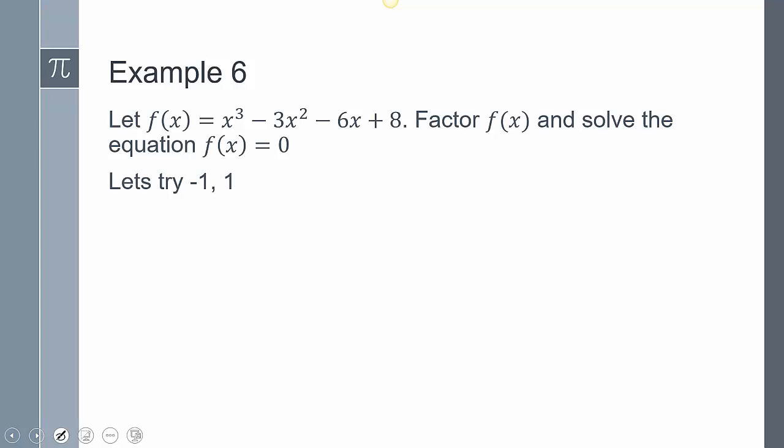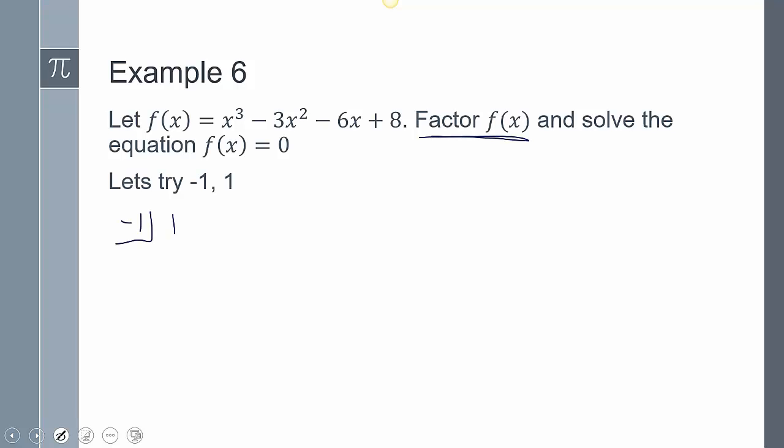So it wants me to factor this, and right now I don't have that magic tool that just says yep, I can start breaking this down. We're going to learn that in the next lesson, and that's going to be the rational roots theorem. But right now we can just start trying numbers, so let's try -1.